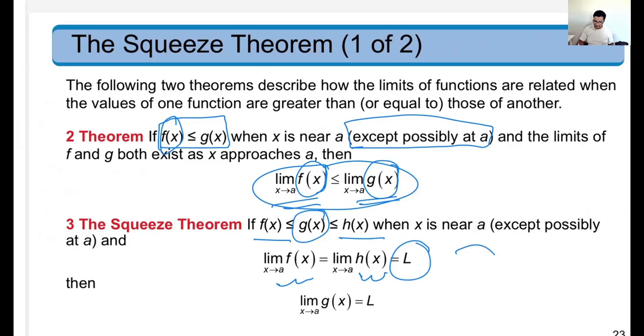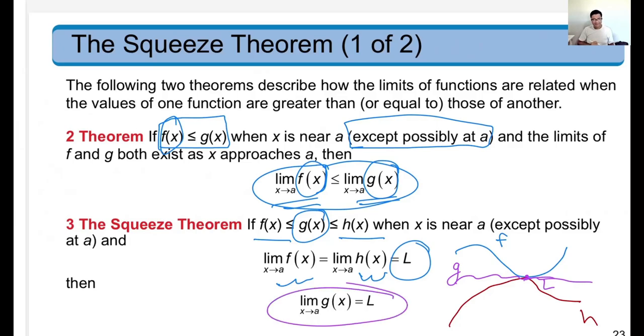Like the graph I was showing, the function f has this limit L, and function h has the same limit L at that point. And your function g is squeezed in between. Okay. Then the limit of that function should also be L.